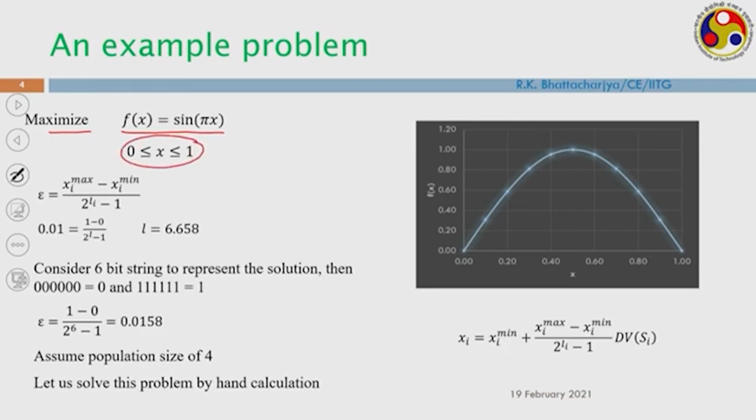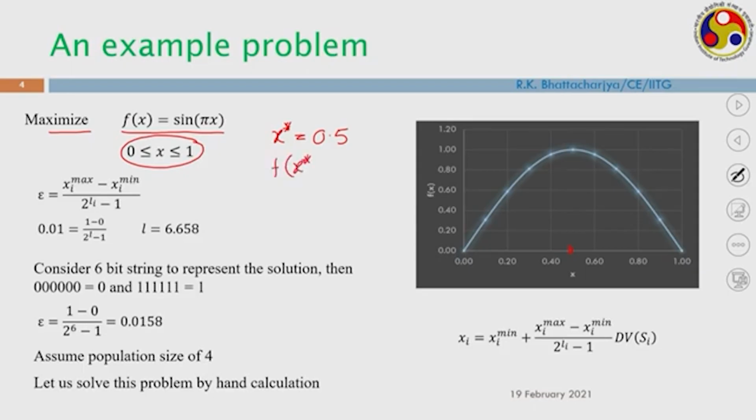Okay. If I plot this, the solution is 0.5 somewhere here. So, this is 0.5, that is the solution, and the optimum function value is 1. So, if I solve it, I should get x star equal to 0.5, and the function value at x star is 1. Okay. So, this is the solution.